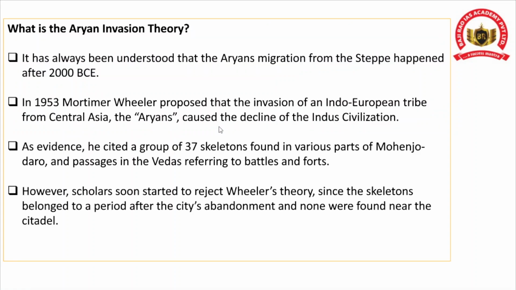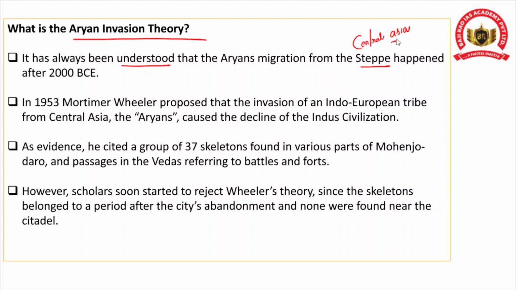Now, what is the Aryan invasion theory? First, understand that it is always understood that Aryans migrated from the steppes after 2000 BC. Steppes are grasslands in Central Asia.